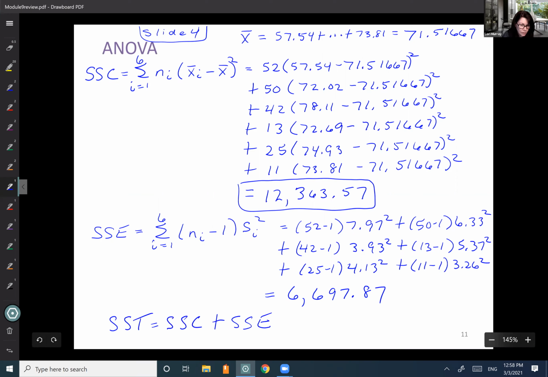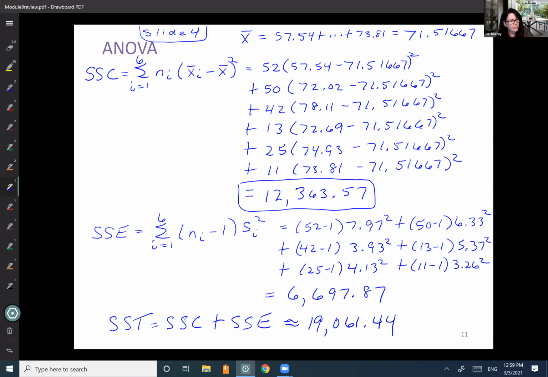So the sum of the squares for the total comprises those two sources of variation, the variation between the groups and the variation within the groups. And the total is approximately 19,061.44.